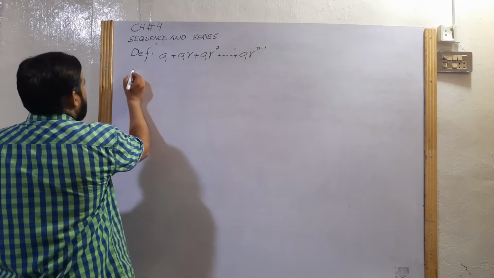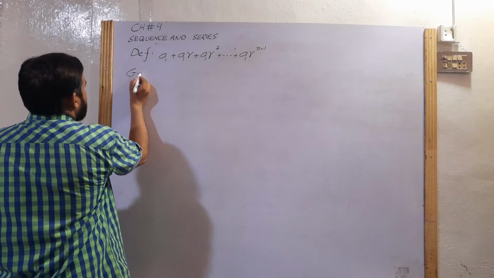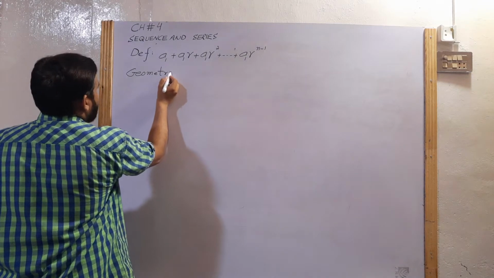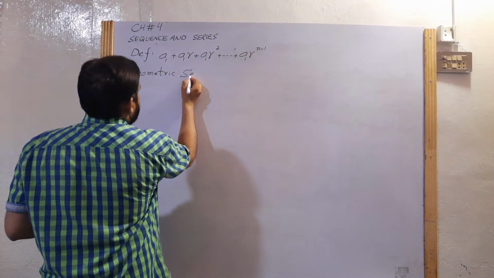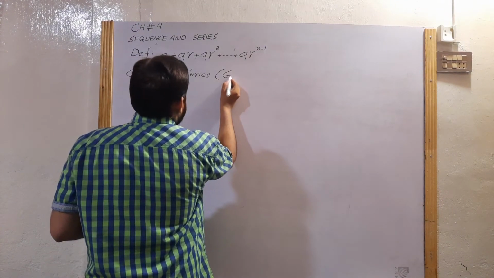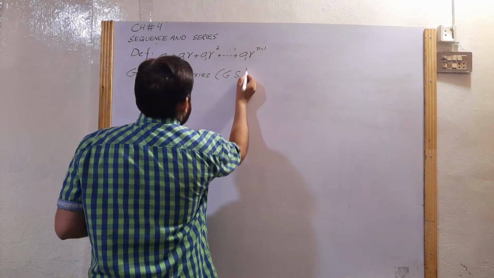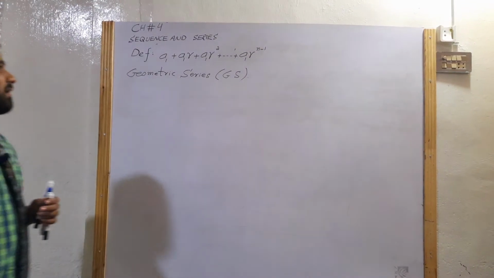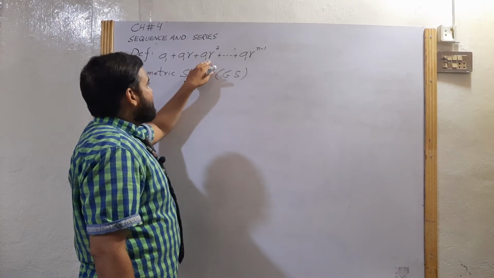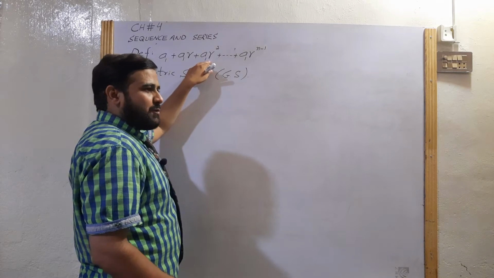It is a geometric series, simply GS. If the first and the last term is known, this type of series is a finite geometric series.